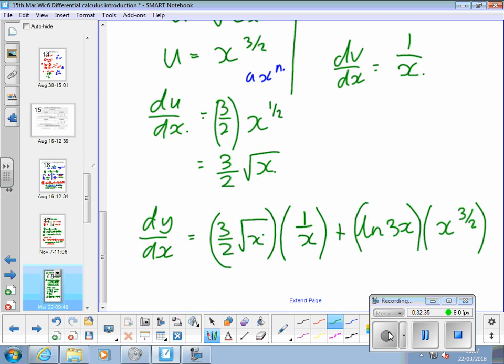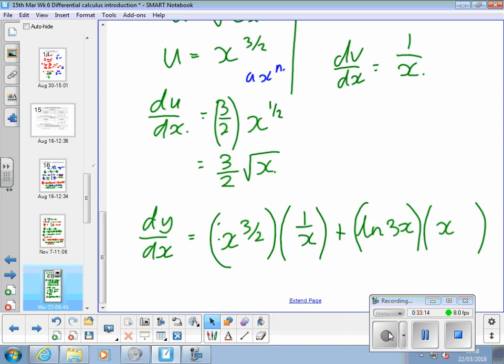I'm trying to see how he's got what he's got here. Is it u, x to the 3 over 2? Let's put that in there: x to the 3 over 2. Just shows how easy it is to get it wrong. 1 over x plus v ln 3x, and this should be 3 over 2.